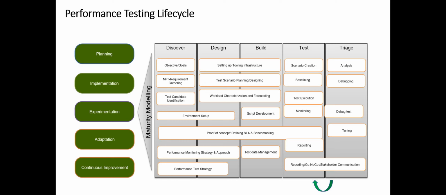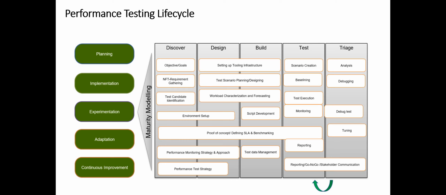So next comes the proof of concept, defining SLAs and benchmarking. Now we know the application. Now we need to understand which tool properly supports it. Maybe there are certain applications which work well with LoadRunner, and might not be supported with JMeter. So we need to understand which tool works best for this application, so we need to do a proof of concept.